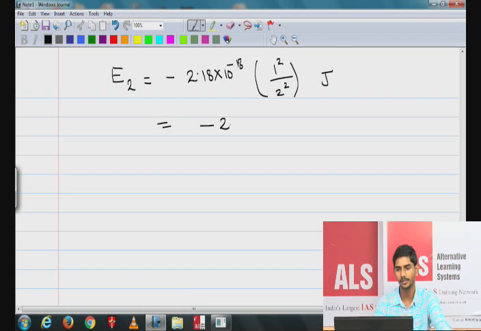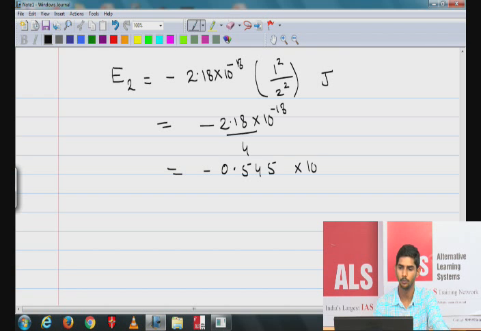So it will be minus 2.18 into 10 to the power minus 18 upon 4. When you solve it, we find this is 0.545 into 10 to the power minus 18 joules per atom.